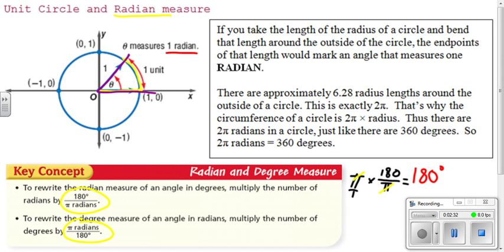So this point over here, if we have our angle, we'd call it 180 degrees, or we could call it pi radians. And vice versa. If we were given something in degree measure, we would just multiply by pi radians over 180 degrees. You can go back and forth between the two.